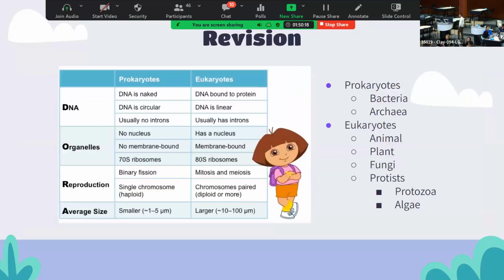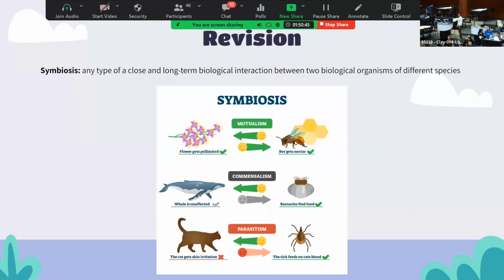If you want to remember all the differences, you can memorize them, or you can use a mnemonic. DORA is one. You can go through that yourself. It's DNA, organelles, reproduction, average size. Prokaryotes include bacteria and archaea, and eukaryotes include animal, plant, fungi, and protists.